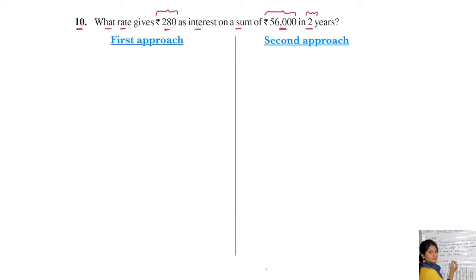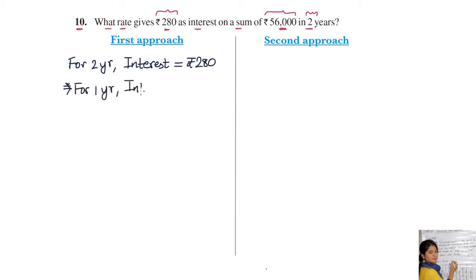So basically, we can solve this question by using two slightly different approaches. In the first approach, we will use the unitary method. If it is given that for 2 years the interest made is rupees 280, now we are going to find it for 1 year.